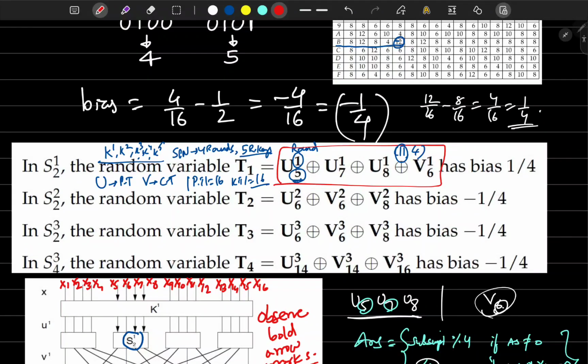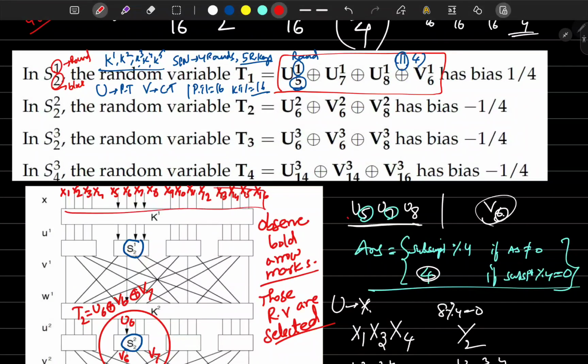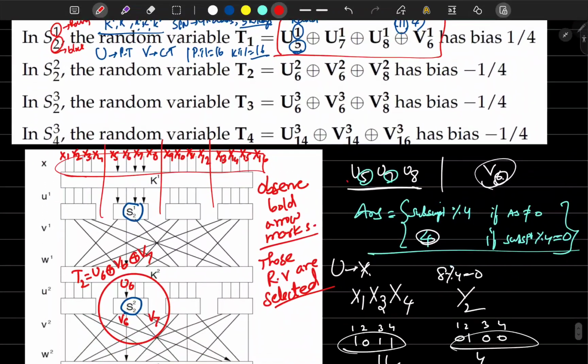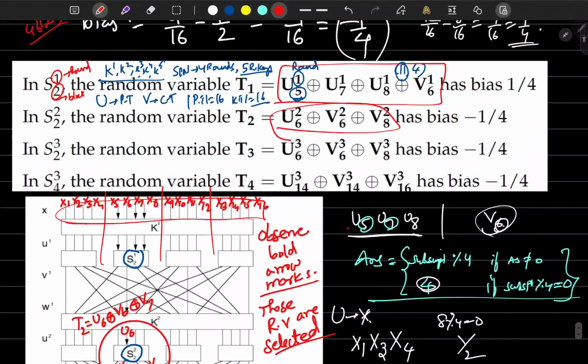I have told this in the last class also, again I am revising. This indicates the round, and this indicates the block number. Since we have 16 bits divided into 4 blocks, each block has 4 bits, and the numbering for this block starts from 5.